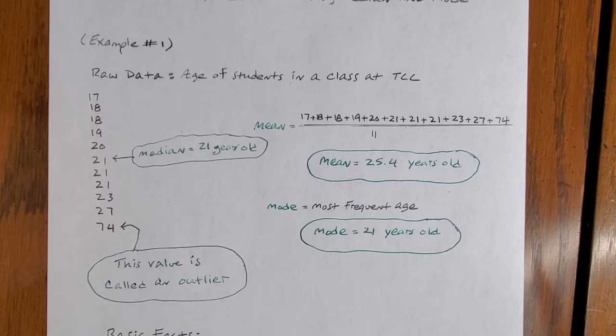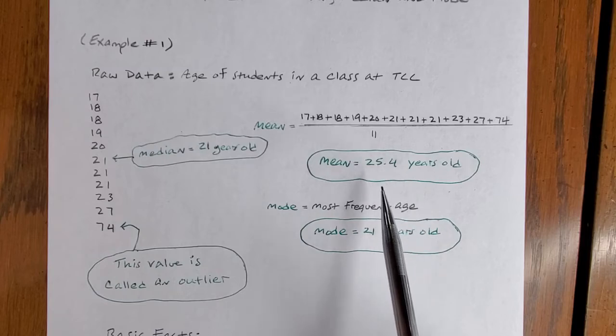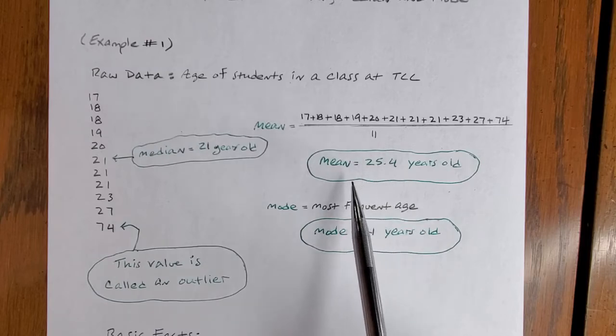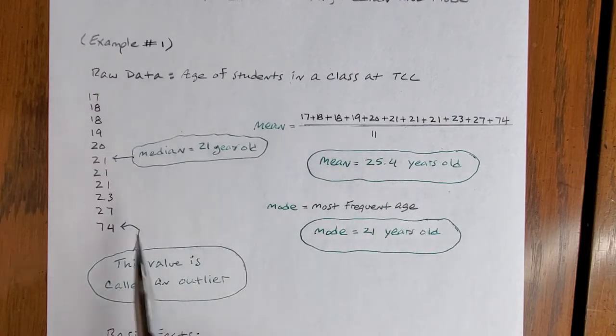When we do statistics, the idea is to take some raw data, a big group of numbers, and simplify it somehow, either by making a graph out of it or reporting a number. I say, well, the mean age is 25.4 years old. That's one number that's supposed to say something about this whole class.